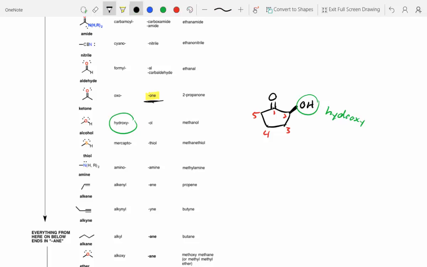And let's try to name this now. Is this R or S?